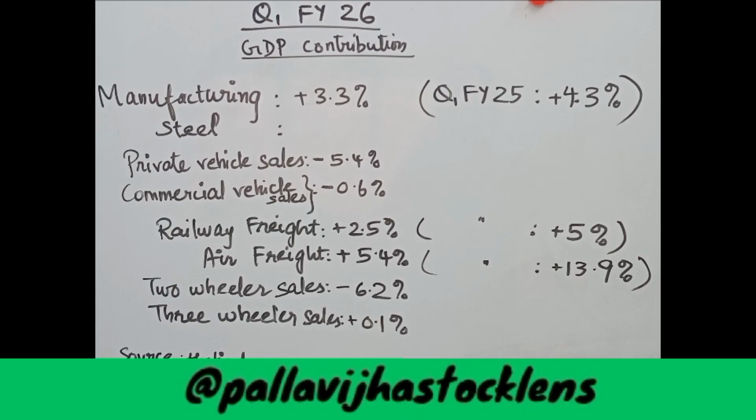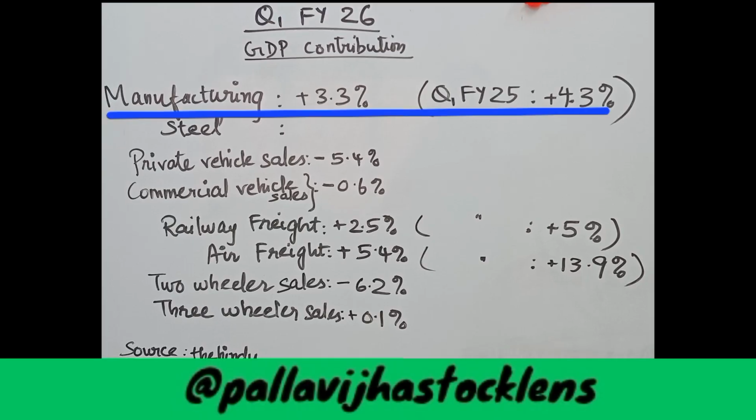Railway freight has shown a growth of 2.5% compared to 5% in Q1 of FY25. And air freight has shown 5.4% growth compared to 13.9% growth in Q1 last year. Two-wheeler sales this quarter have contracted 6.2%, and three-wheeler sales grew only marginally, at 0.1%.